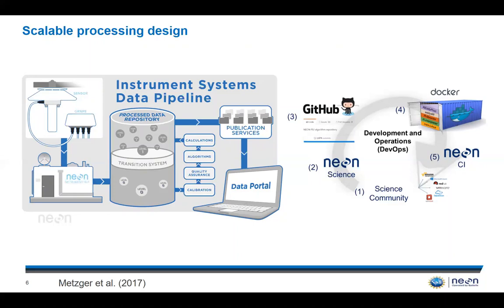Then we package them into portable Docker images that contain all the processing dependencies and are platform independent. These Docker images can then be deployed by the NEON cyber infrastructure and also utilized by the scientific community.